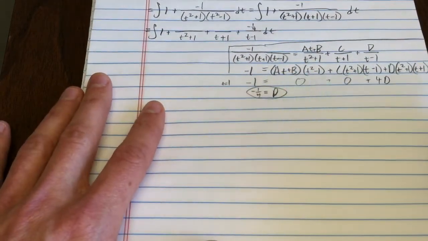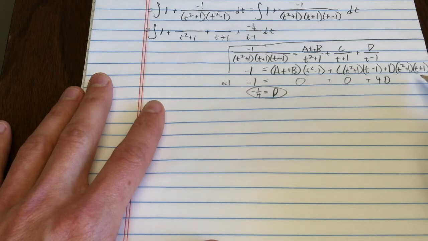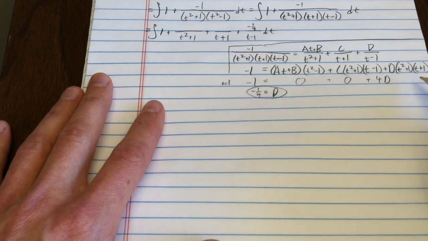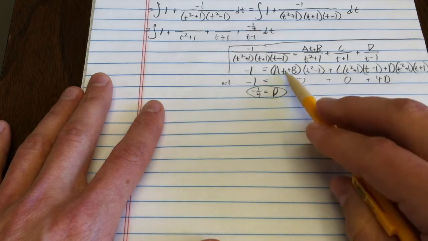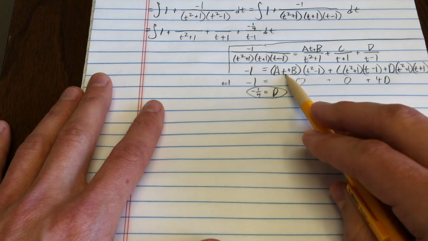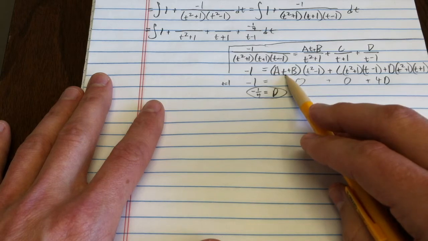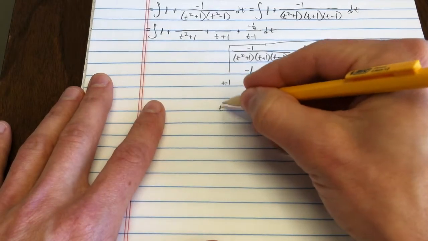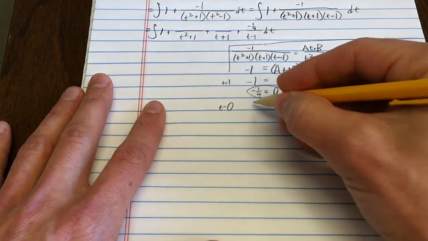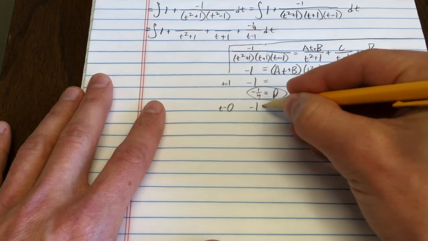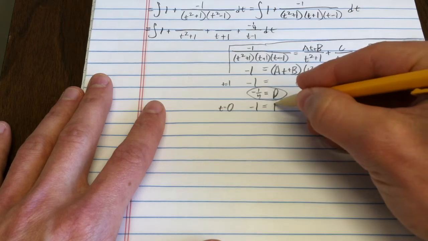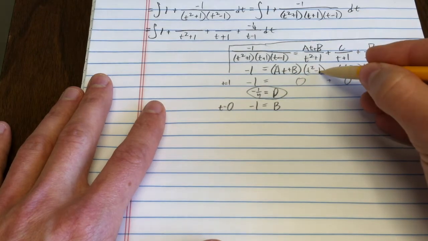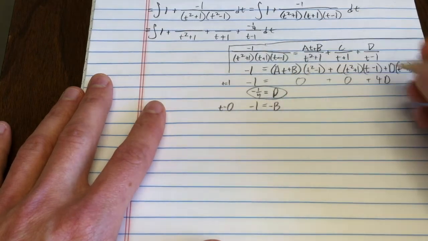Okay, what else would be nice here? Well, how about t equal to, say, 0? I know that would make that term 0. Maybe life would be fairly pleasant there. T equal to 0. Let's see, that gives me -1 equals, that's just b times -1, so that's -b.